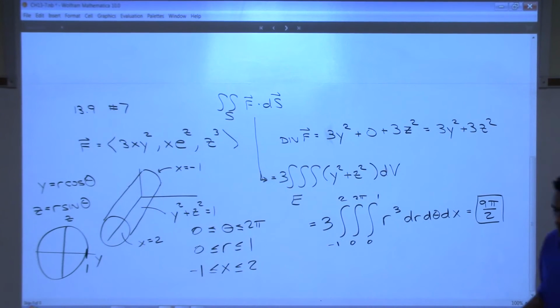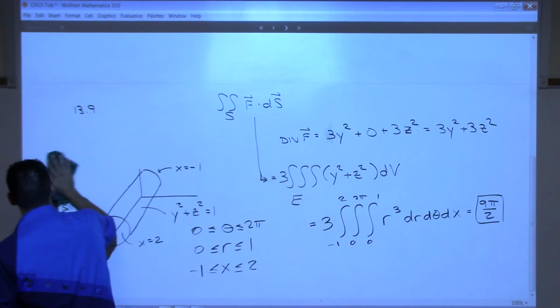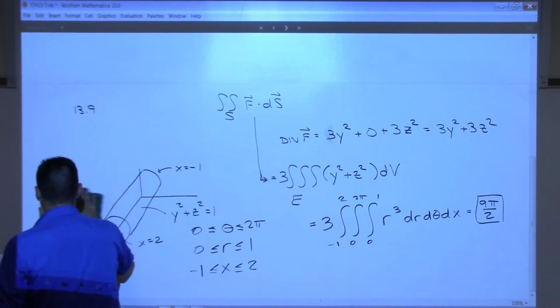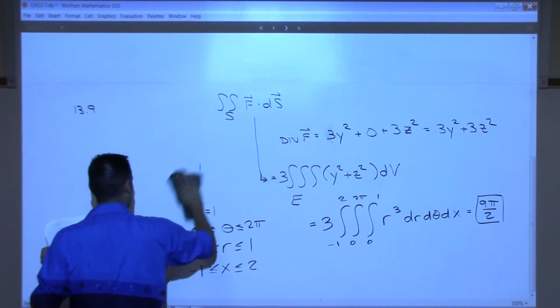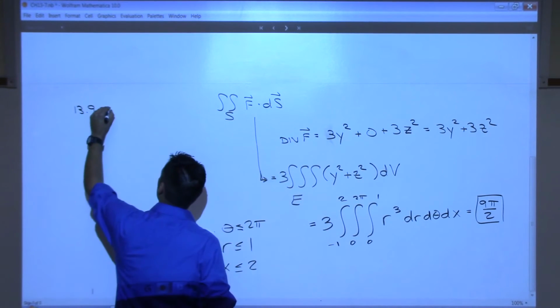Okay, the last one is the most thought-provoking as far as the examples that I'm going to do that relate to your homework. And this is based on number 13.